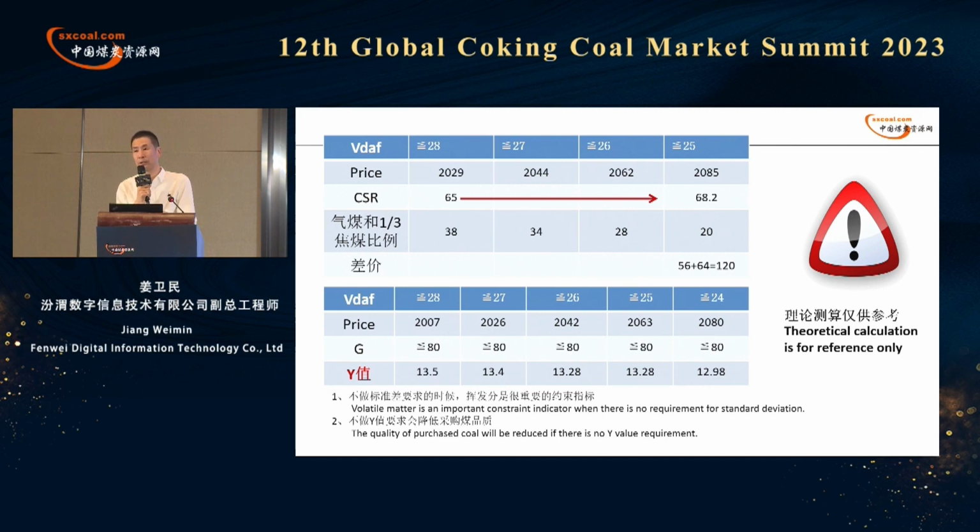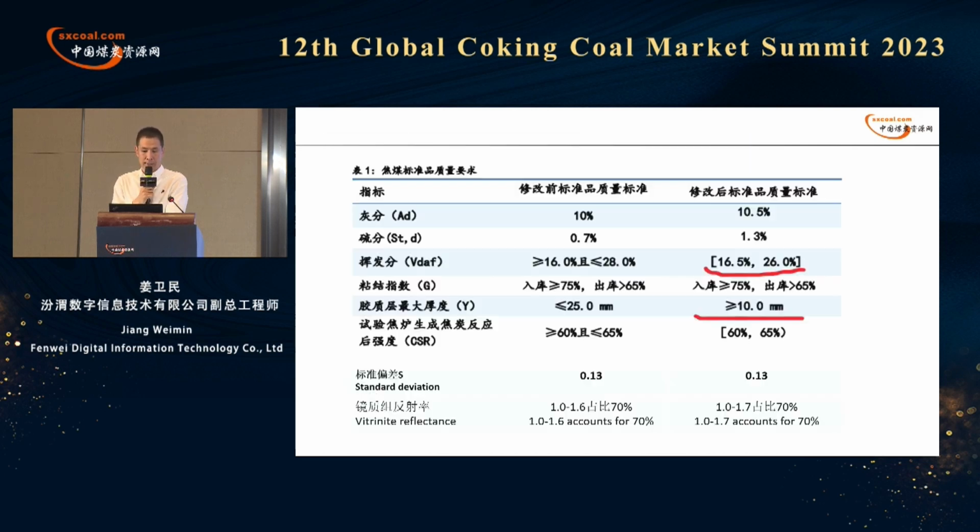The quality of the coal would be reduced if there is no Y value requirement, and it could be 13.2, 13.4, or 12.8. So that is why I say that the quality of coal would be reduced if there is no Y value requirement. So this is not something very sophisticated, but if you take a deep dive, you will come to this conclusion.